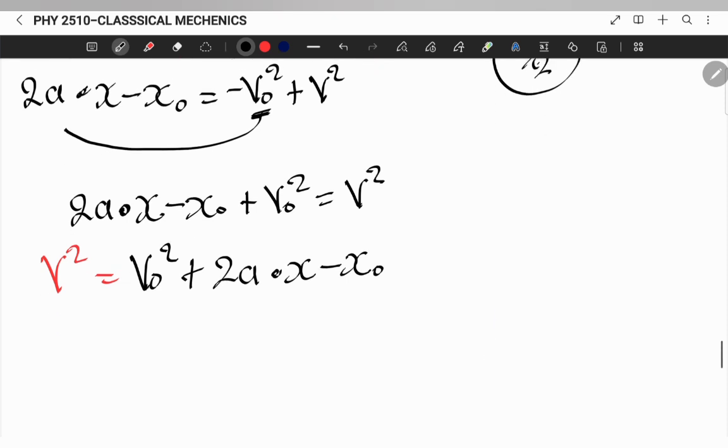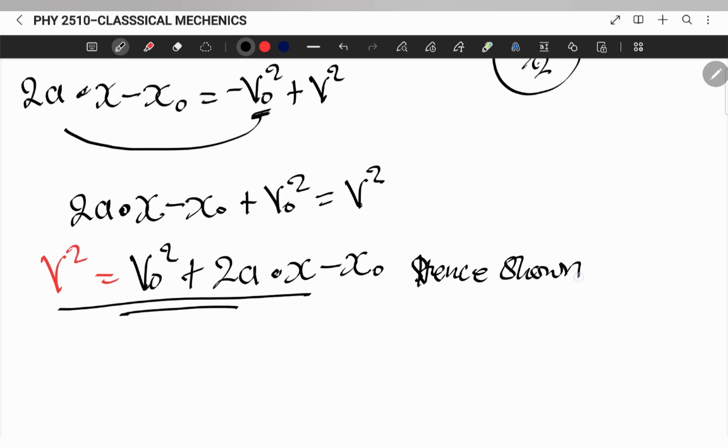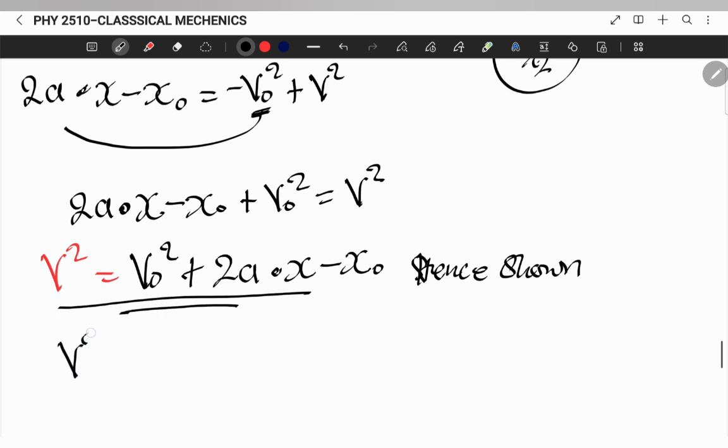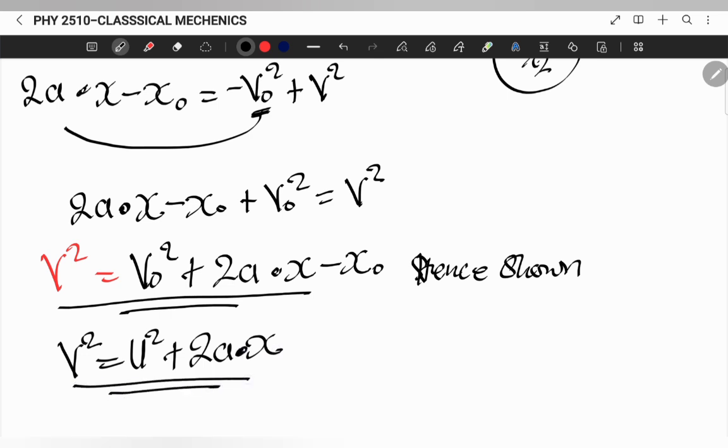Okay, so hence we've shown this. Some books present this equation as v squared, where there is v naught they will replace it with u, the initial velocity, plus 2a x, just like that. This is the same thing. So this is where this equation comes from.